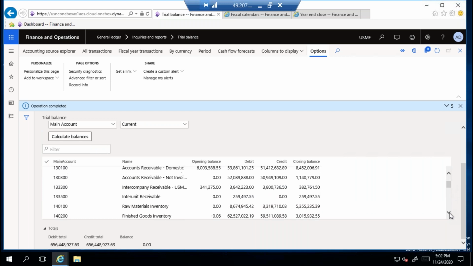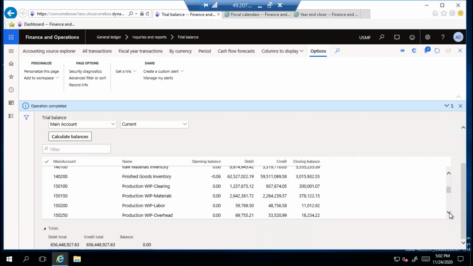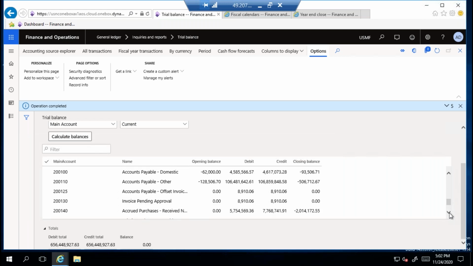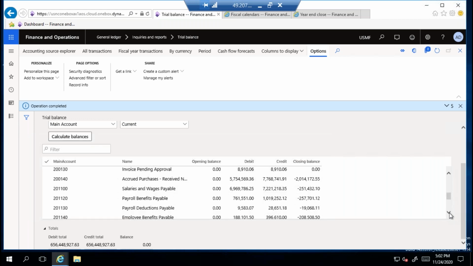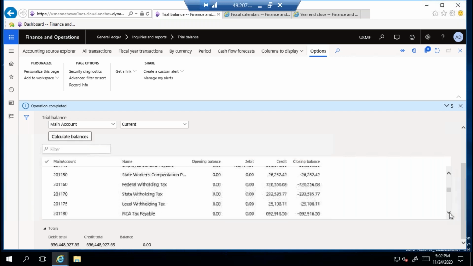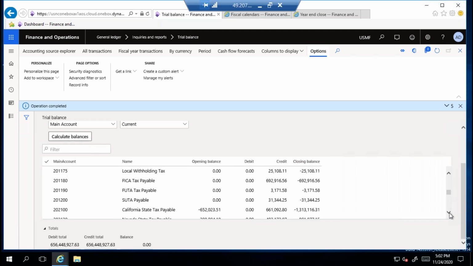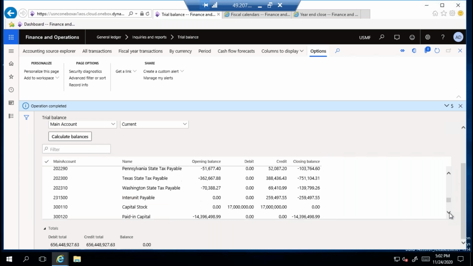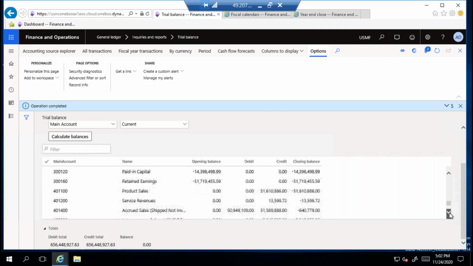For opening balances, look at this, it will not be shown for 4 series, 5 series, 6 series. Opening balances will not be there. Look at this one. This is still 2 series only, 3 series.